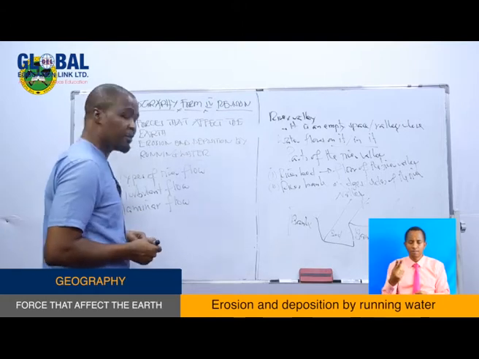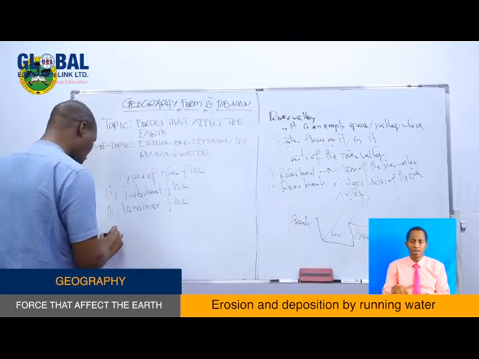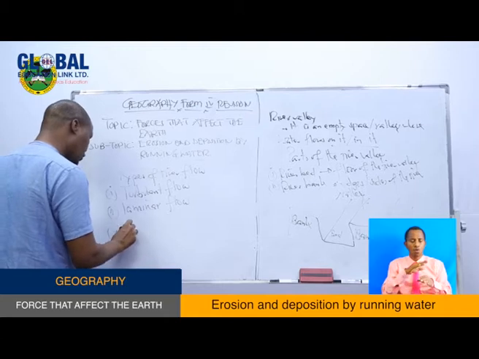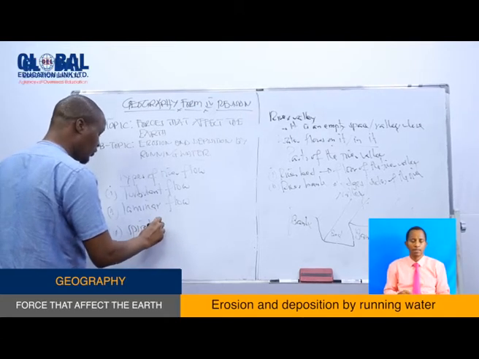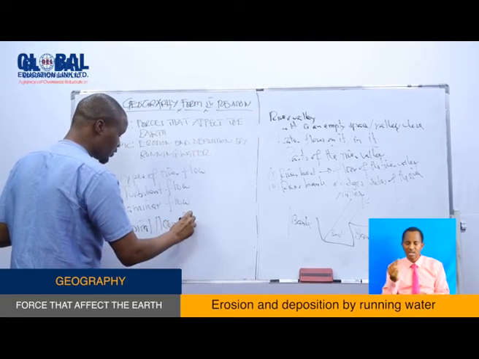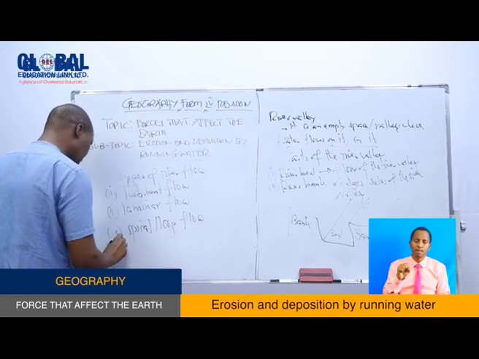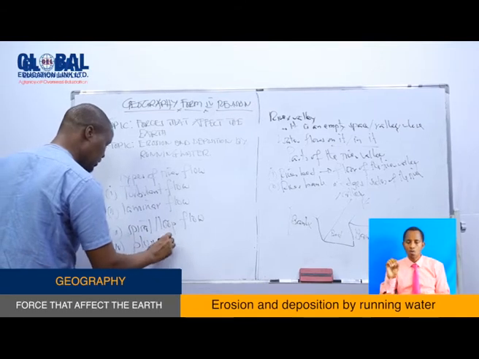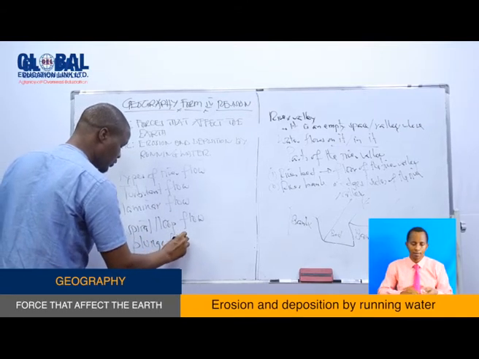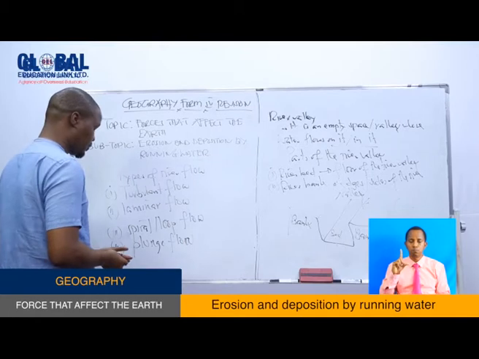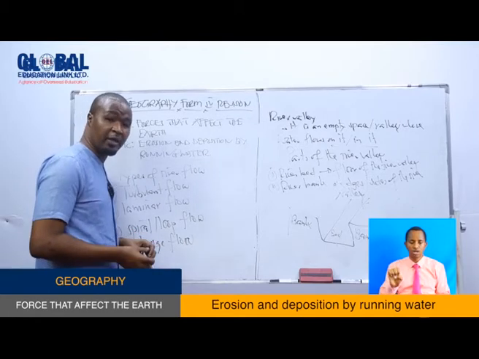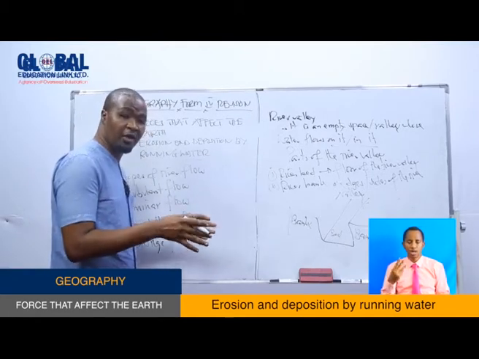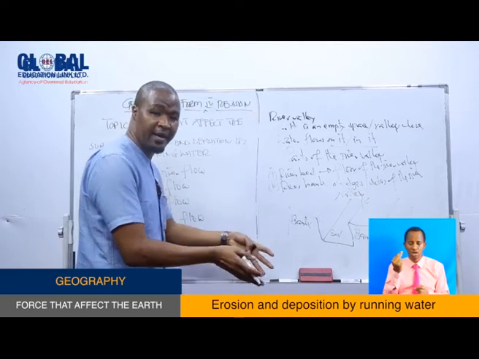We have the minor types of river flow: the spiral or loop flow, as well as the plunge flow. So what are these? The spiral flow is the flowing of the river following the meandering.